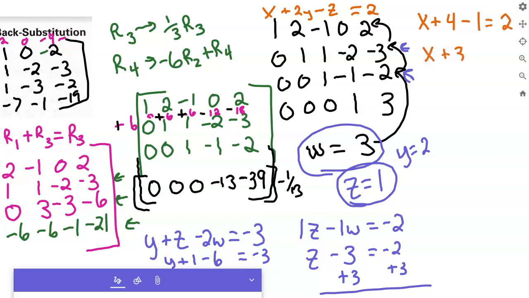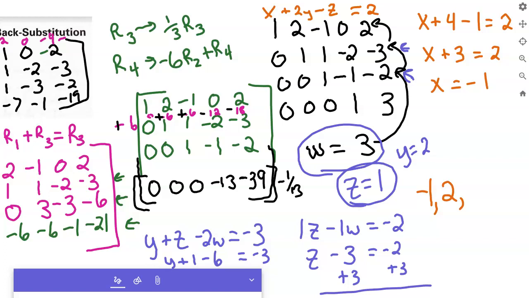So x plus 3 equals 2, and x is -1. And we have all of our answers. And this is a fourth dimension, so here you go. If you've never worked in 4 dimensions before, now you have.